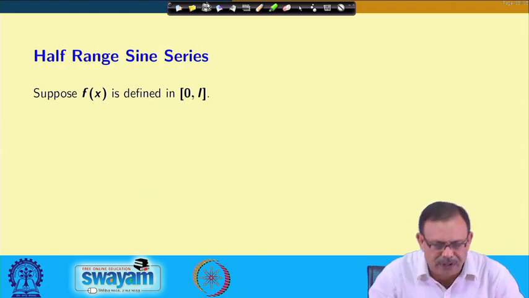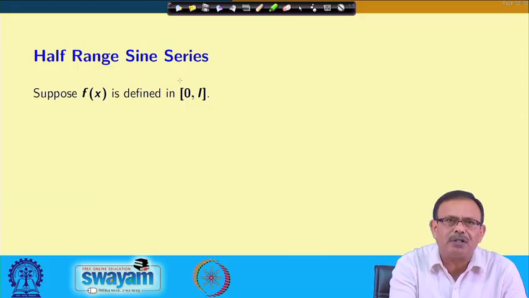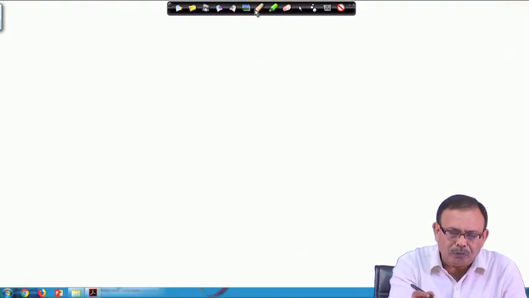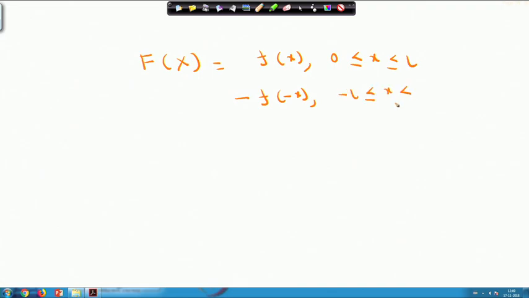Suppose f x is defined in 0 to L. We want to find out the half range sine series, where the function f x is defined in 0 to L. So, we are defining a new function capital F x in such a fashion that capital F x is f x when x is in 0 to L, and minus f of minus x when x is in minus L to 0.